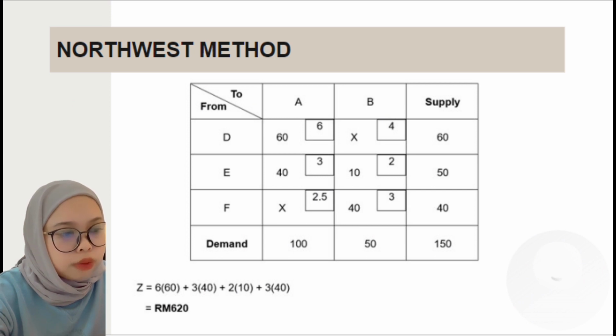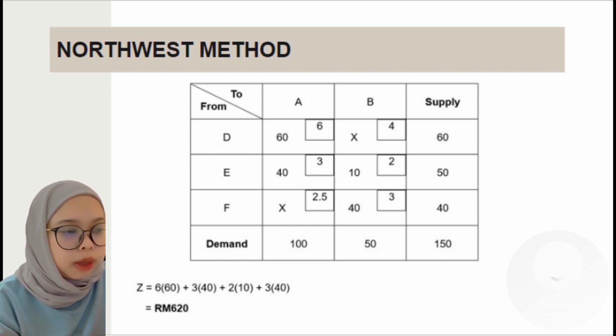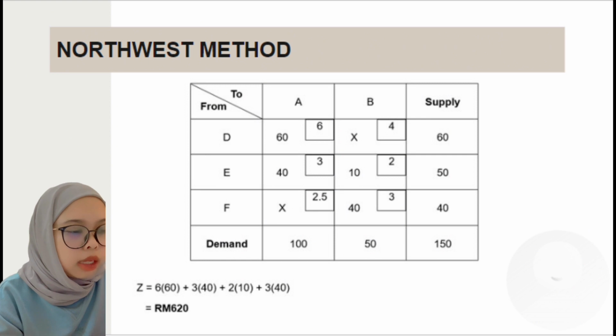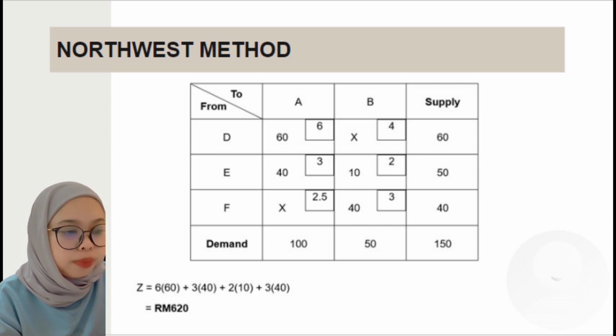So the answer is 40. Let's see the answer: 6 multiplied by 60 plus 3 multiplied by 40 plus 2 multiplied by 10 plus 3 multiplied by 40. The answer is 620 ringgit Malaysia.